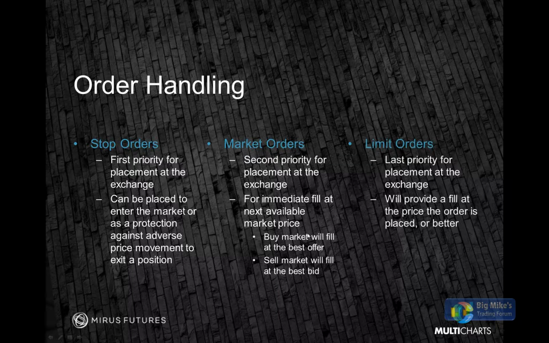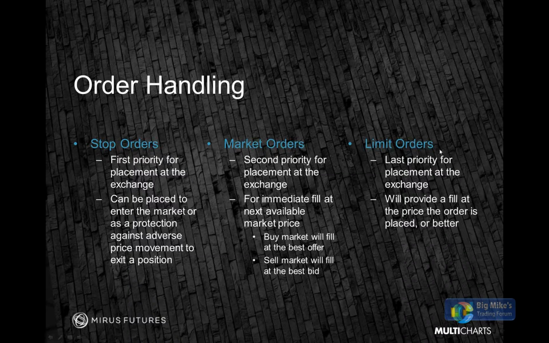Now, limit orders get last priority for placement at the exchange, and we're talking about microseconds here in terms of priority, but it can be even larger than that. It really depends on where the limit order is placed.